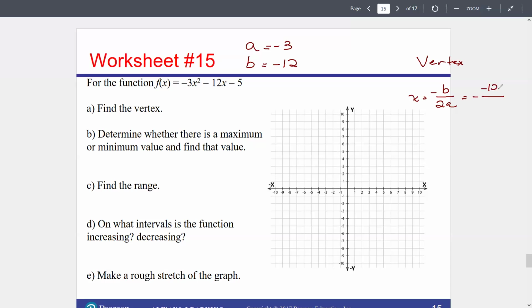B is a negative 12. And then we get 2 times a, which is negative 3. So this negative and this negative would cancel, and you're just left with a positive 12 over negative 6. So I have a negative 2.